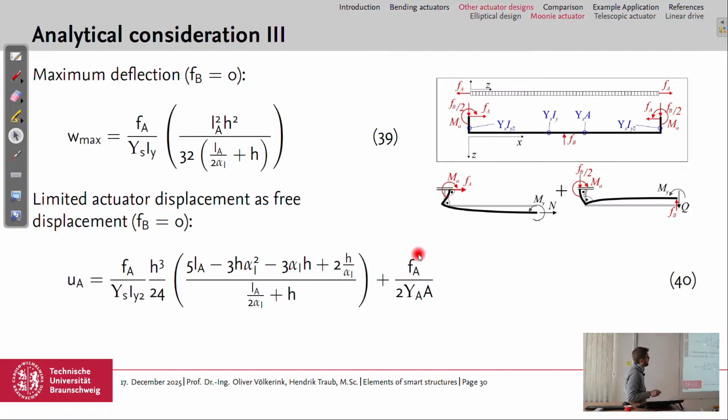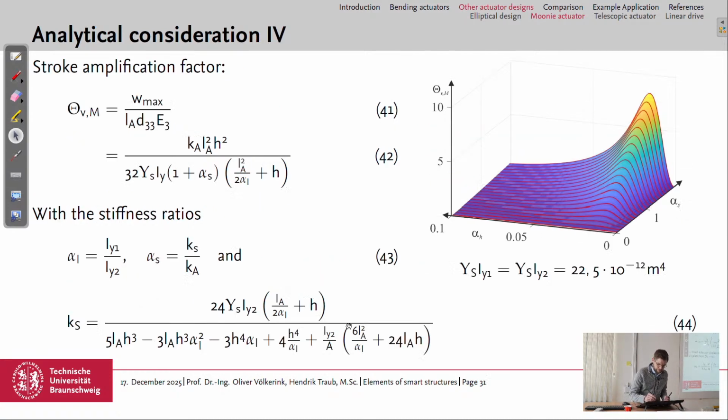to look at the model itself. We then again have a stroke amplification factor for the Moonie actuator. So M stands now for Moonie. And for this, we have the maximum or the free displacement of the stack actuator, which is the height times the piezoelectric constant times the field.